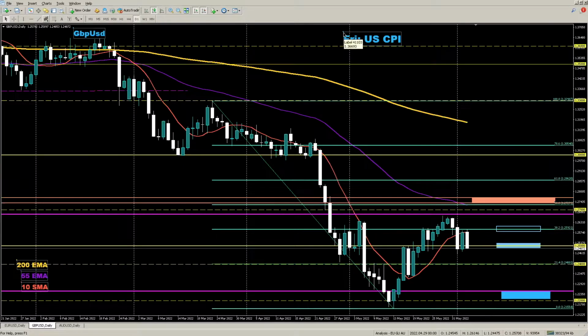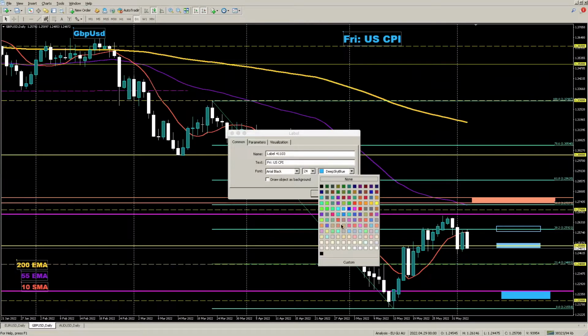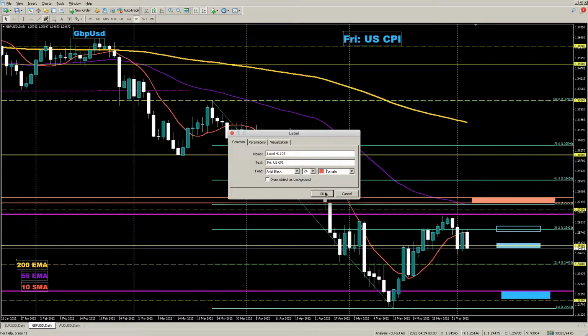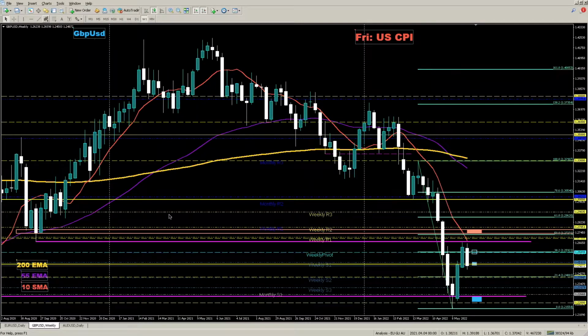So for this week, the UK, there's no major news for the UK except that it is exposed to the US CPI figure on Friday. So it did run up almost to hit this previous swing high level, I guess, swing low.